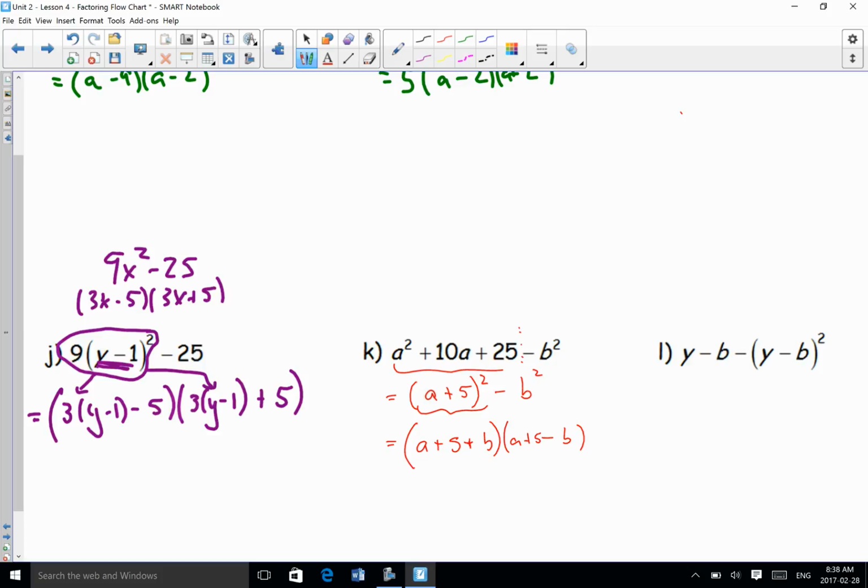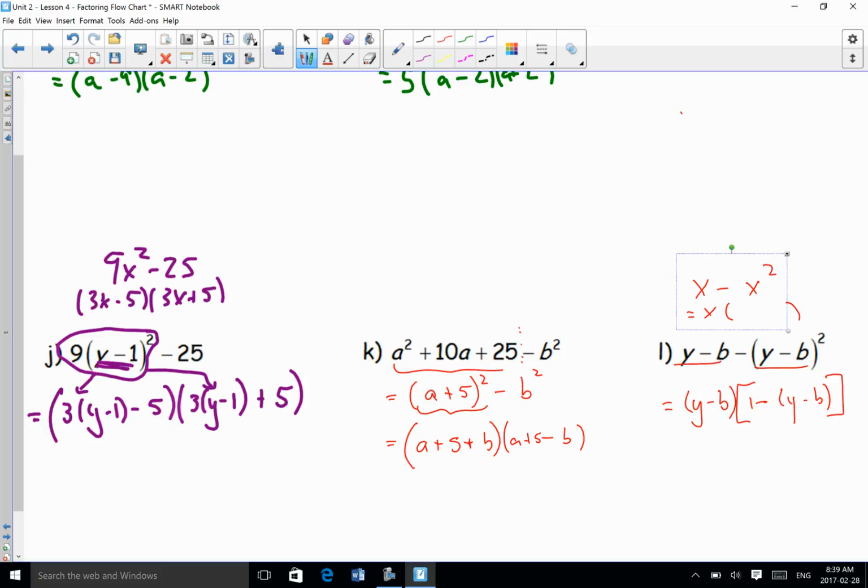Okay, the last one. I notice I have y minus b here and here. If I could think of this as something like x minus x squared, I would know I could common factor. Well, let's do that. Let's take out y minus b, the whole expression. What would we be left with? 1 minus (y minus b).